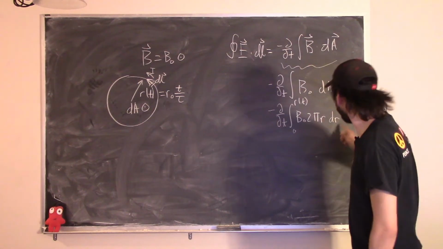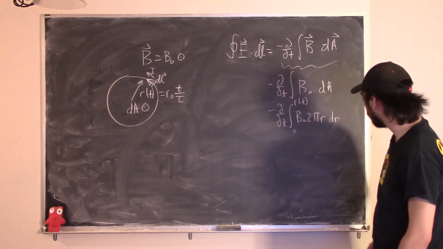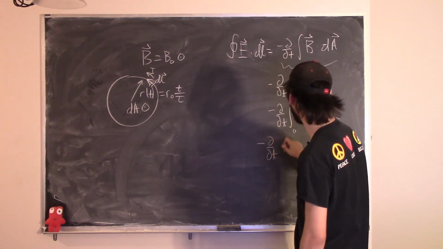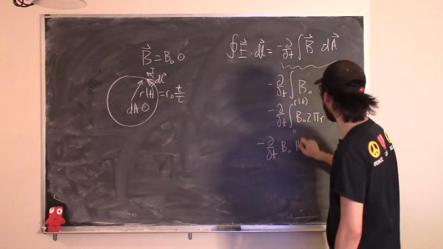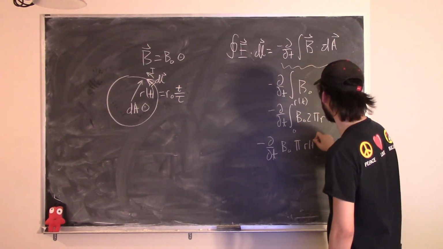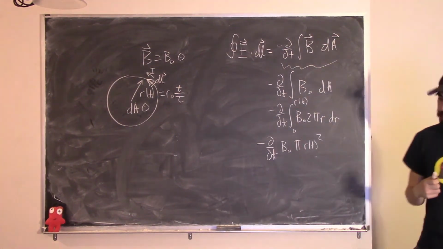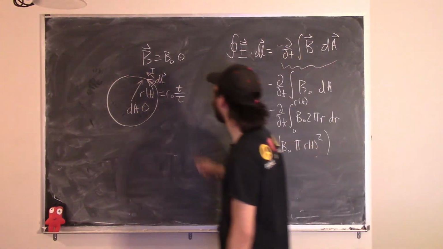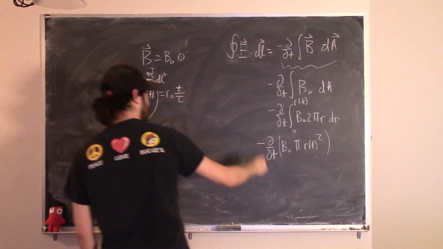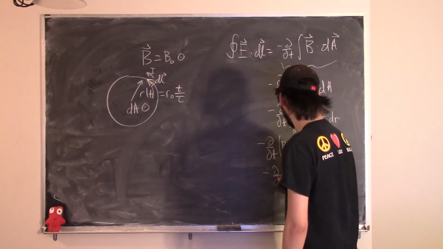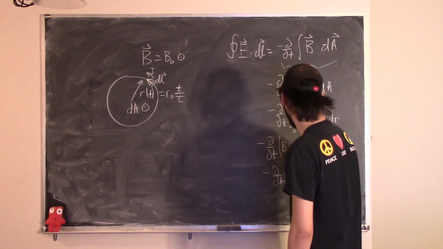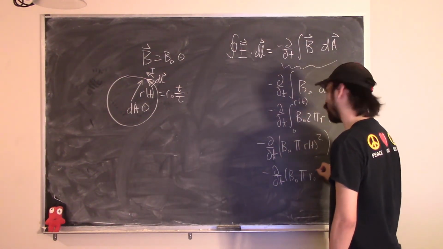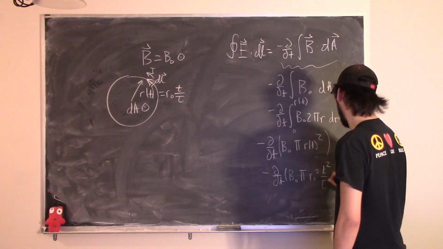Okay. This is a pretty straightforward integral. We've done plenty of these before, and so this says that this is the negative partial derivative with respect to time of B0 times pi times r of t squared. Now, in order to evaluate this partial derivative with respect to time, we can plug in what our r of t is, so this is minus partial derivative with respect to time of B0 pi times R0 squared t squared divided by tau squared.